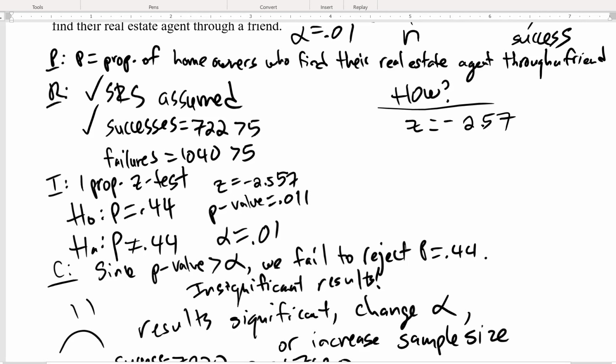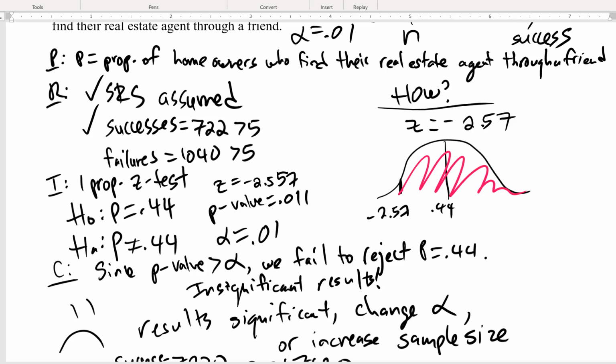Okay? So the problem here is that if I was to find the probability of this negative 2.57, remember I assume that the claim is the truth. We got a z-score of negative 2.57. Where's the probability we calculated? Right? A right tail would be like all of this mess. That doesn't even make sense because our probability was pretty low. So this would not be a right tail.